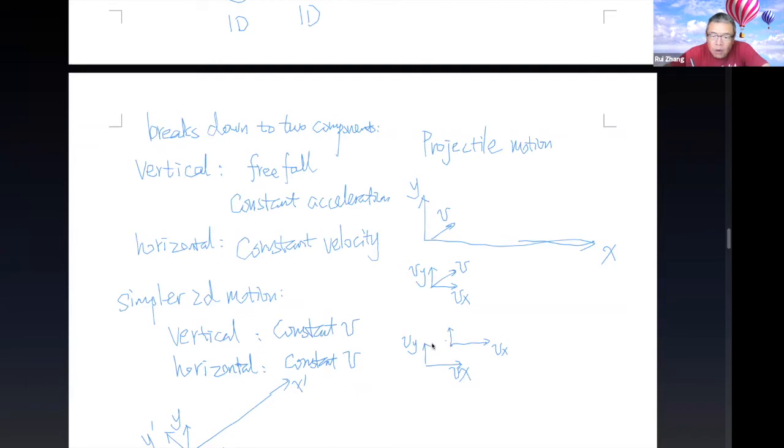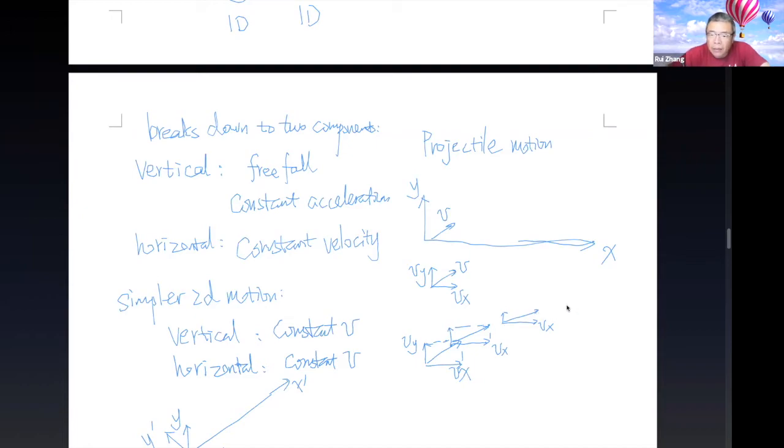So if the initial velocity is going in this direction, your new velocity is gonna be bent a little bit because this component is getting smaller. So the velocity is gonna go this way a little bit. As the ball goes up further, the Vx is still the same, and Vy becomes even smaller. So your velocity is tilted even more.